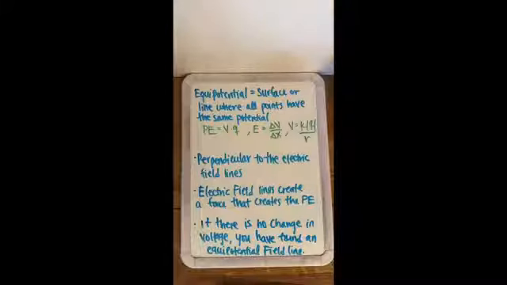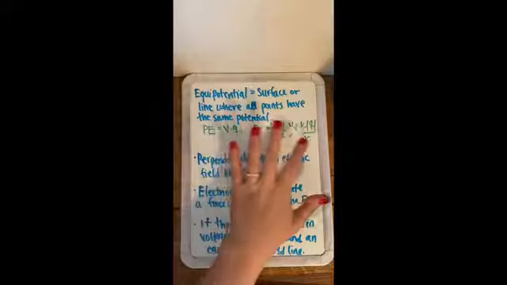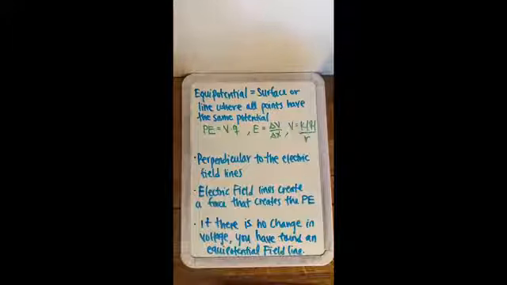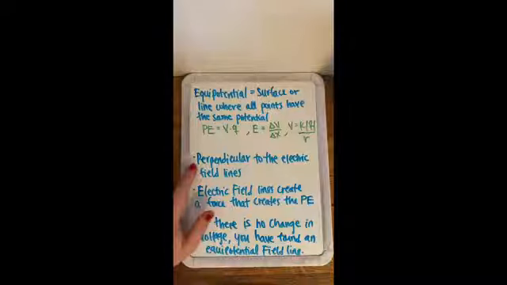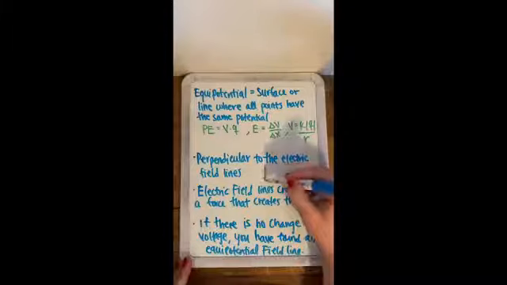Okay, so since we've defined it, we've conceptualized it, and we've looked at an example, let's just sum up what we've talked about so far before we move on to the object lesson. We know that equipotential is a surface or line where all the points have the same potential. We use different equations to illustrate this in different situations. Next, we need to stress that equipotential field lines need to be perpendicular to the electric field lines.